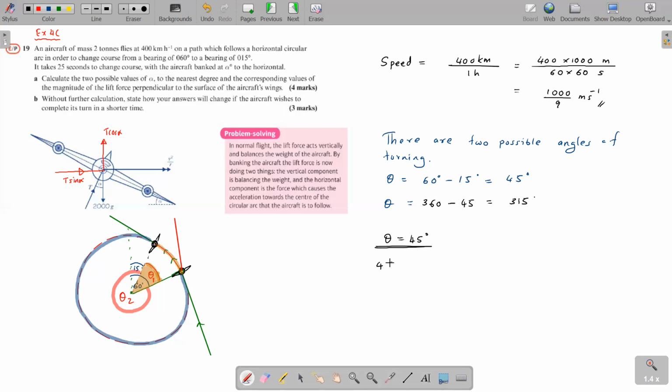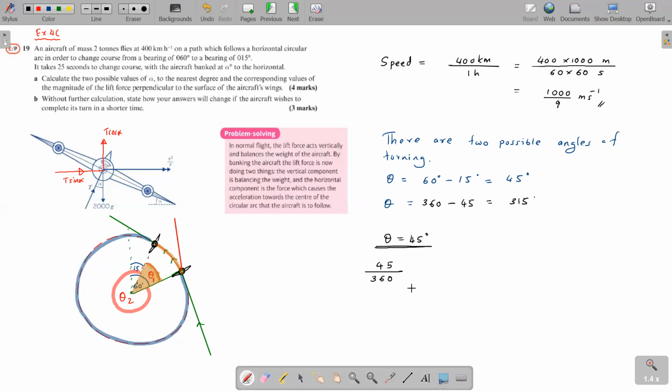We can get the arc length of this particular sector, or the distance the plane is traveling, because the arc length gives you the distance the plane is traveling in the circular path. So arc length is angle over 360, because it's in degrees. I'm doing this in degree mode.